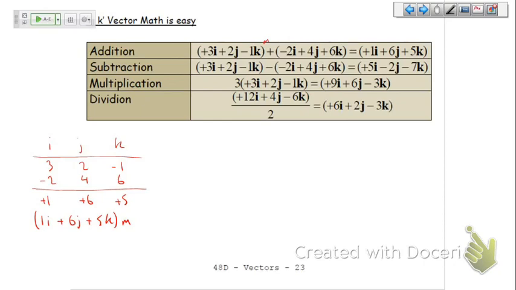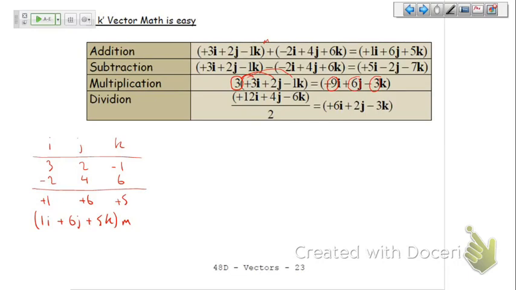Want to subtract? Just subtract them. You want to multiply? If you're multiplying by a scalar, just multiply every bit by the scalar. So it's 3 times 3 equals 9, and 3 times 2 equals 6, and 3 times 1 equals 3. Most common mistake is people will multiply the first one, and then they'll leave the others as they are. And I think that's often associated with layout.